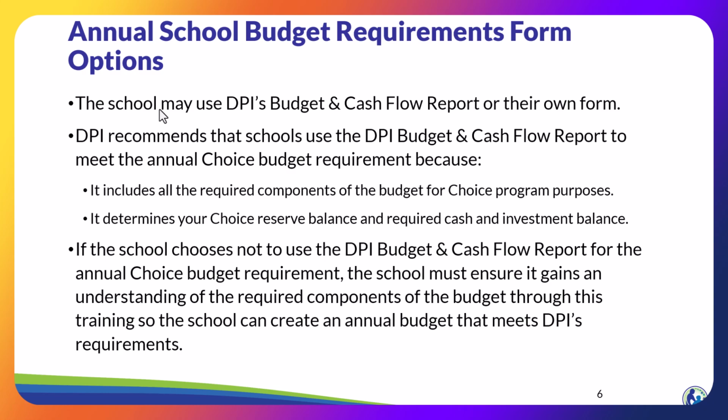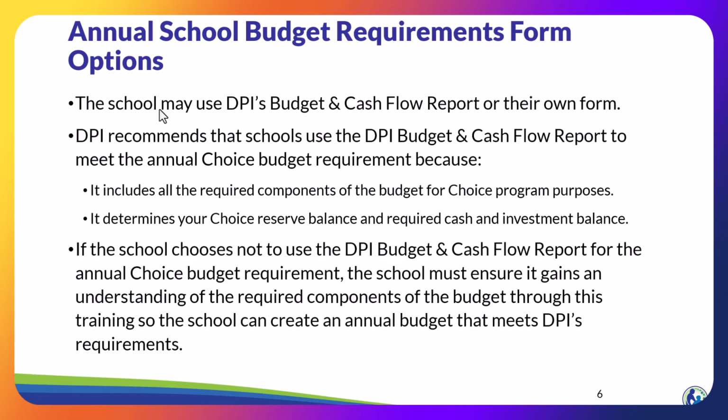DPI recommends that continuing schools and bond schools use the DPI budget and cash flow report for their annual June 30th budget. The DPI budget form is available on the DPI website under School Submitted Reports, which is under Information for Schools.